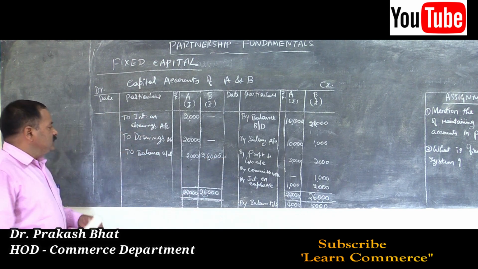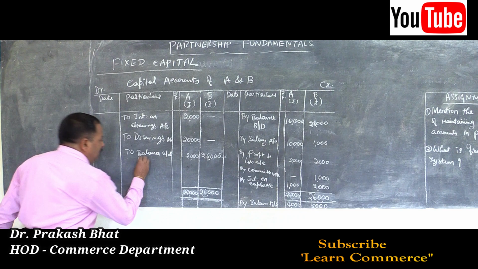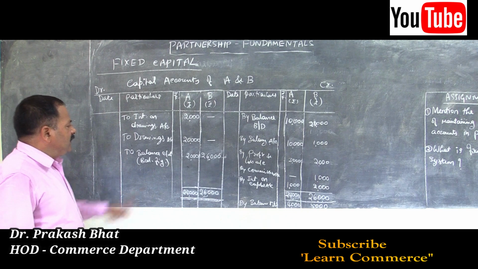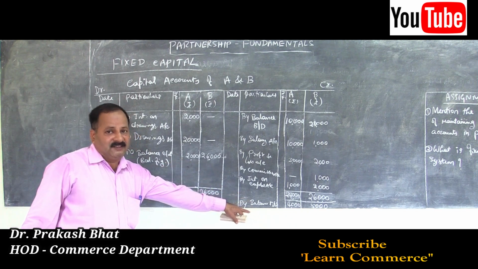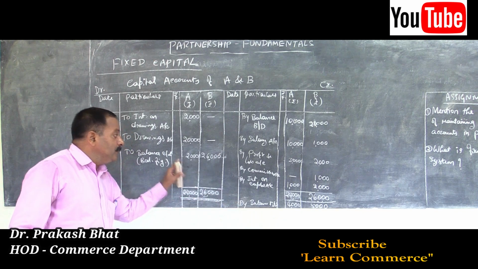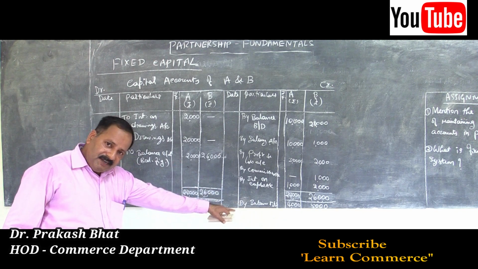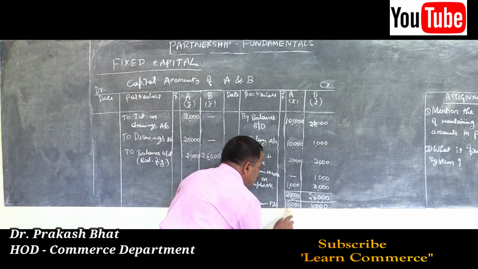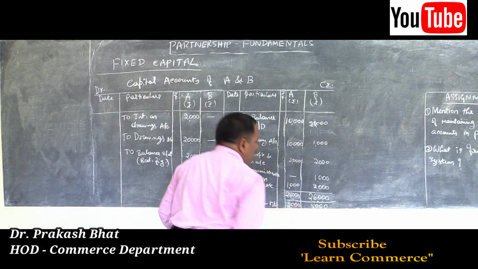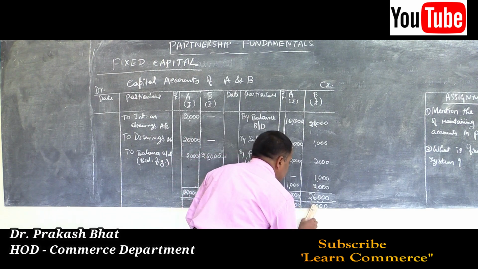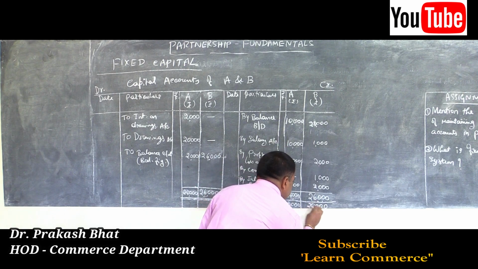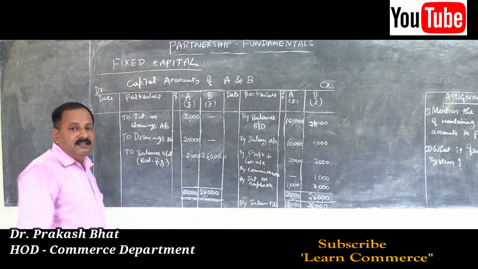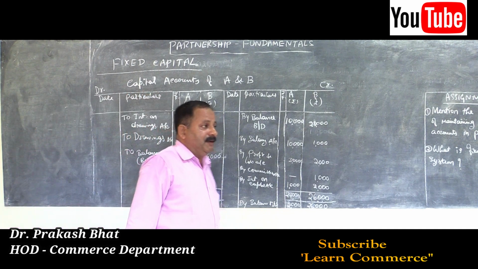So this is the balance carried down, the balancing figure. Now bring down the same balance as by balance brought down. As I already told you, don't forget to bring down the balance in the board exam. Otherwise, they will deduct 1 mark for that. So 2,000 here, and here it will be 26,000. So these are the capital accounts of partners under fluctuating capital system.